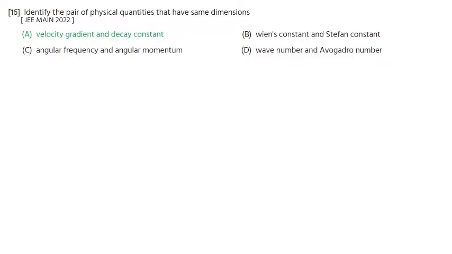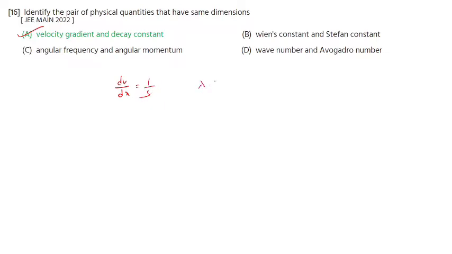Next, identify the pair of physical quantities that are having the same dimensions. Now they are asking us to find out the same. Here the option given is velocity gradient and decay constant. Velocity gradient means it is dv by dx. Okay, so its dimensions will be 1 by s.